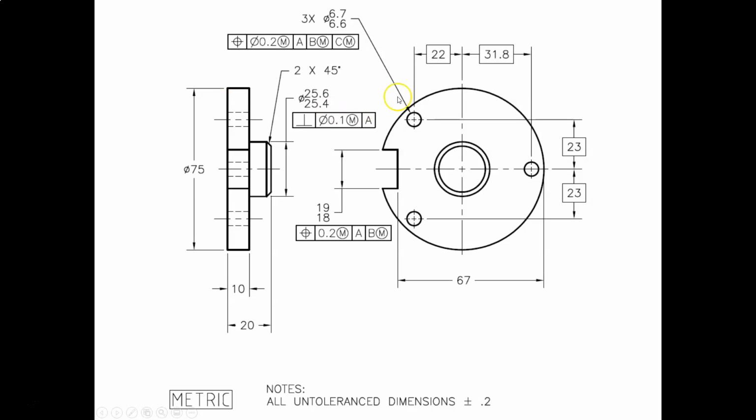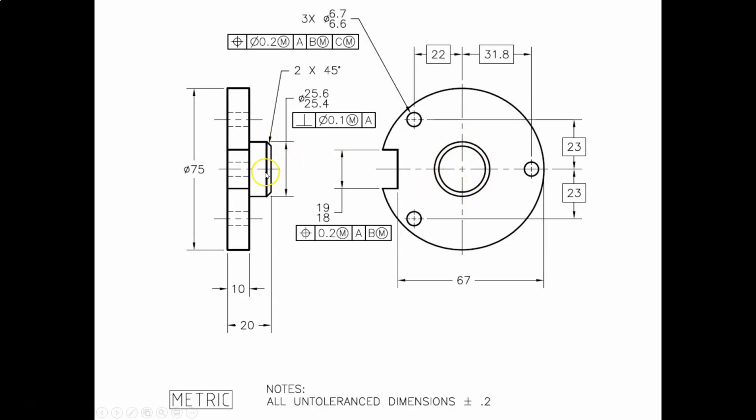We can see from this part that we have a circular type feature, which actually is a cylinder. It's not a hole. It's a cylinder. We can see the outline of that, the thickness of that, and the circular size of that. Then we have another cylinder positioned on top of that, a smaller cylinder.